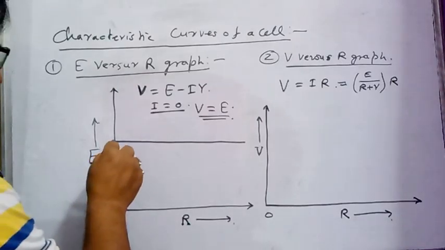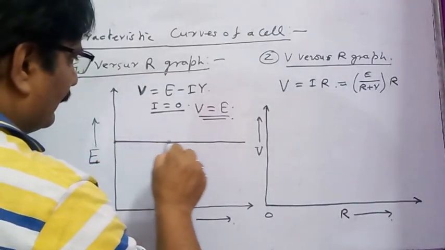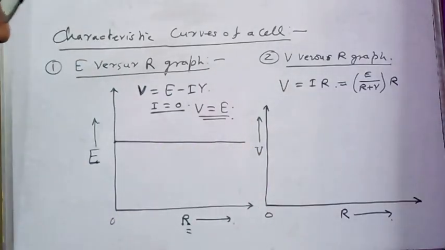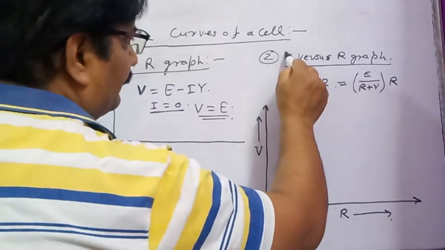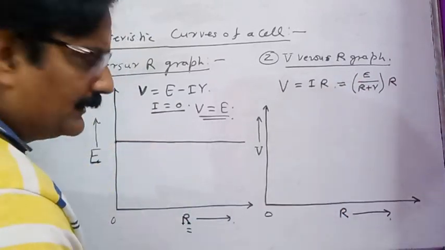That is why the graph of E versus external resistance of the circuit is a line parallel to the resistance axis. In the second graph, we have to plot a graph of V, cell terminal potential, versus resistance of the circuit.